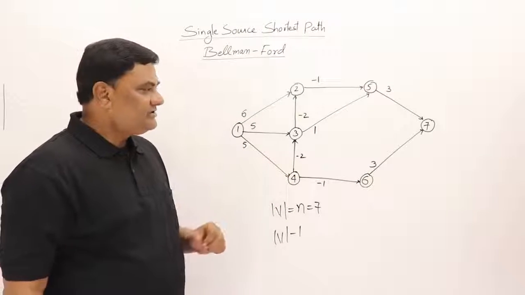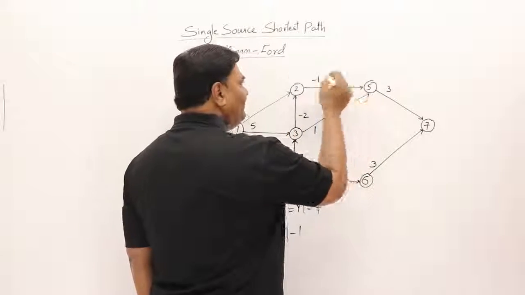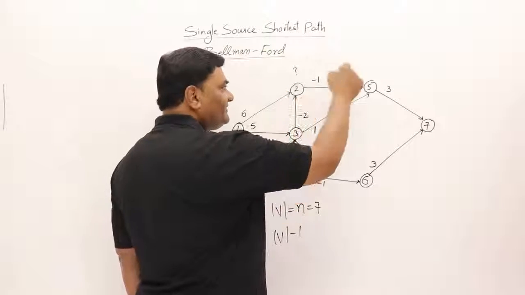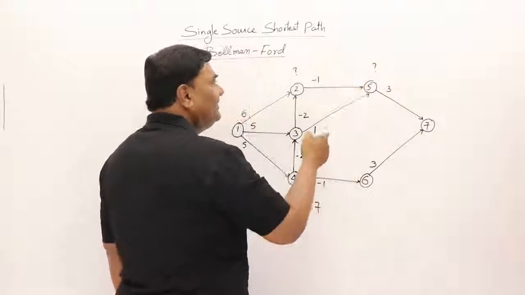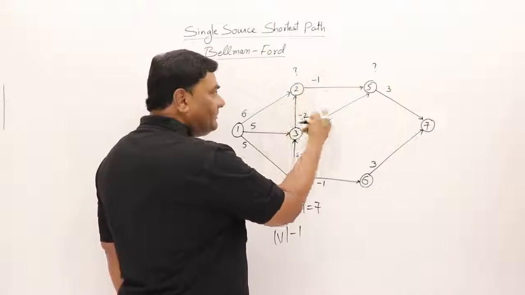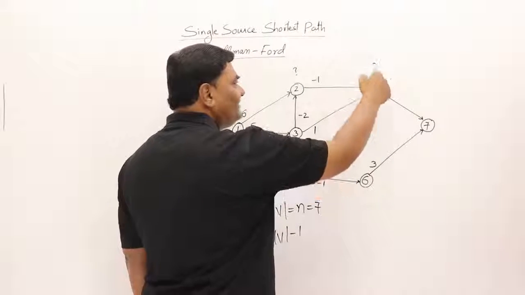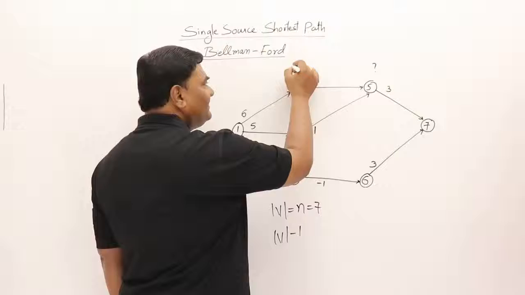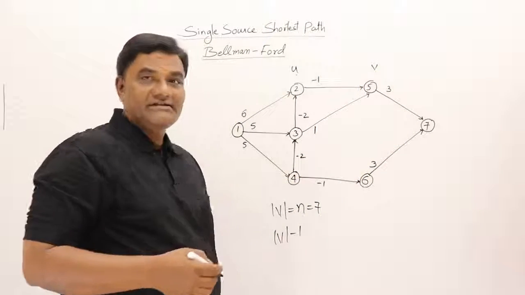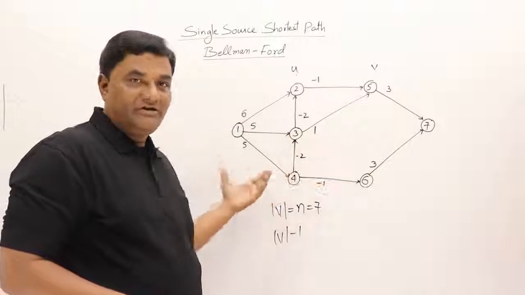So what is relaxation? If I take any two vertices, let us say 2 and 5, and I know some distance of this vertex, the path to this vertex and the path to this vertex also, then I should see that if the path of this one plus this is less than this one, if so, I will change this one. So I will call them as U and V and I will write down what does relaxation means. Then once I start using it, I can explain you how it works.